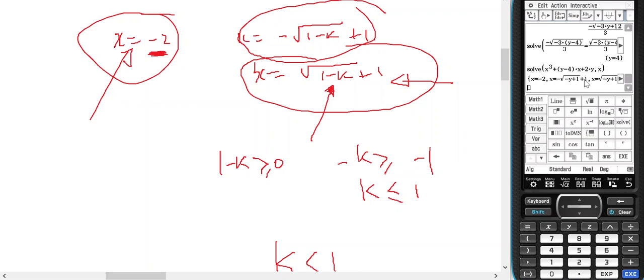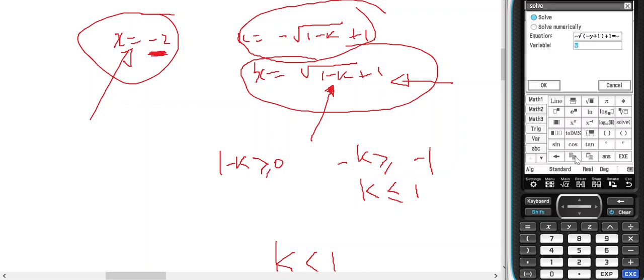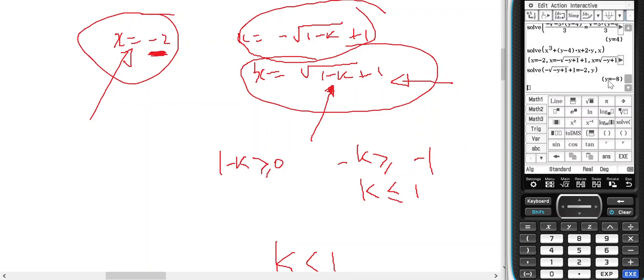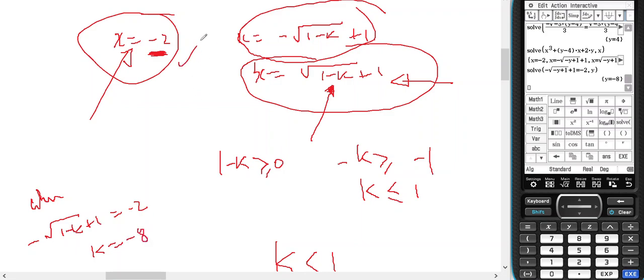Now that's all very well and good, except some of these values of k will make this give me the same as -2. Therefore, I'll have a double up and I'll only have 2 x-intercepts, not 3. So if I take this one and make it equal -2, solve for k, that will tell me the value of k that has them equal to each other. And that's -8. So when negative the square root of 1 minus k, plus 1, equals -2, k equals -8, which means this one and this one will be the same, which means I'll only have 1 x-intercept from those two.